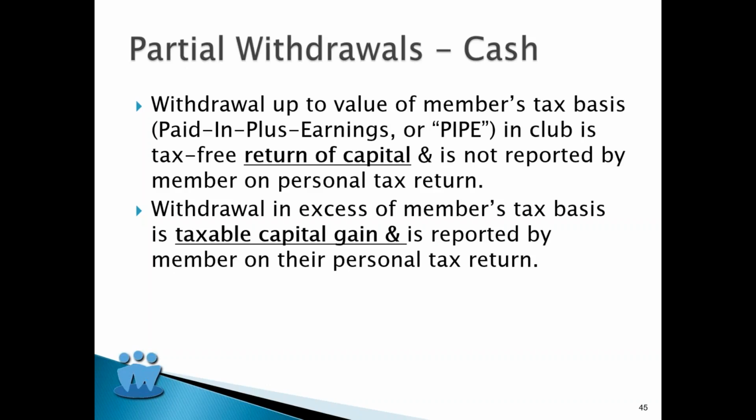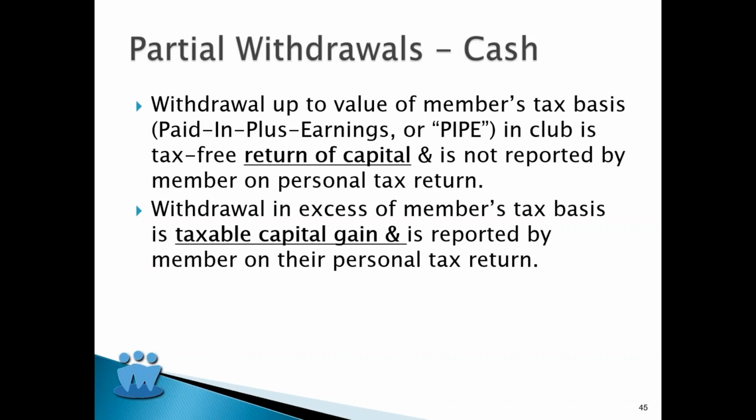Any amount that you withdraw up to your PIPE is a tax-free return of capital. So there's no reporting to the IRS on it. You're just taking out the money that you put into the club account. There are no gains or losses. If you withdraw in excess of your club PIPE, then that's a taxable capital gain and is reported by members on their personal tax return.